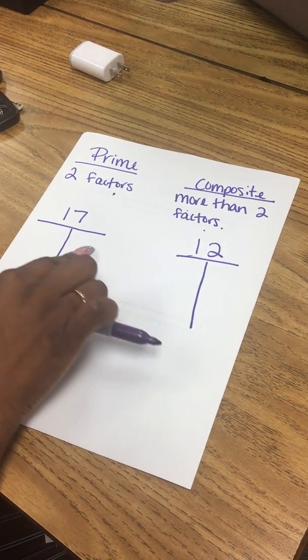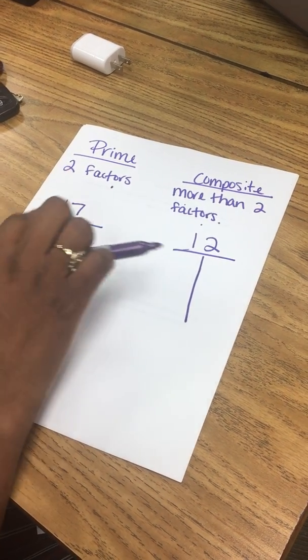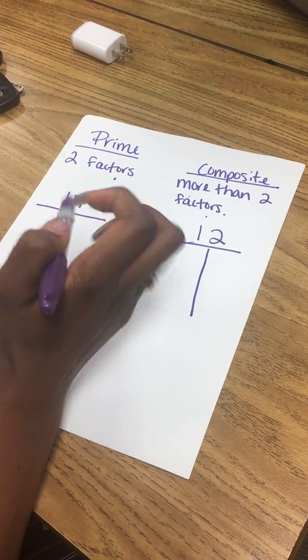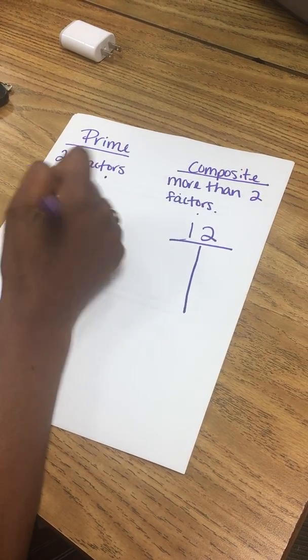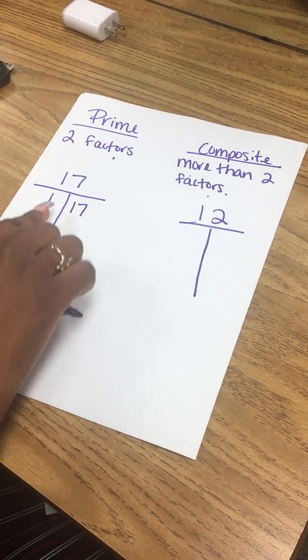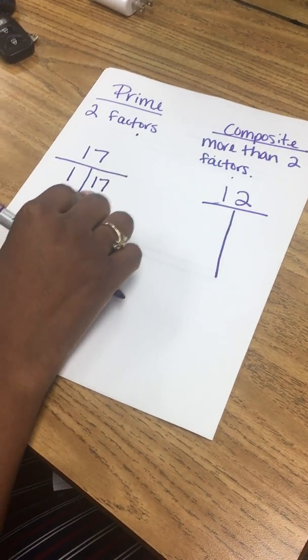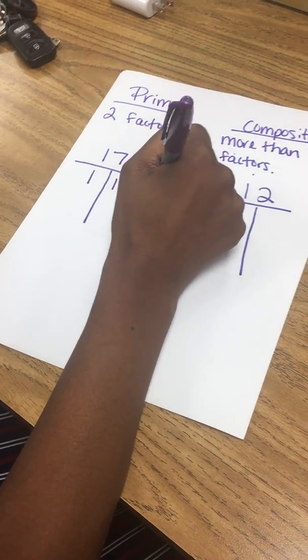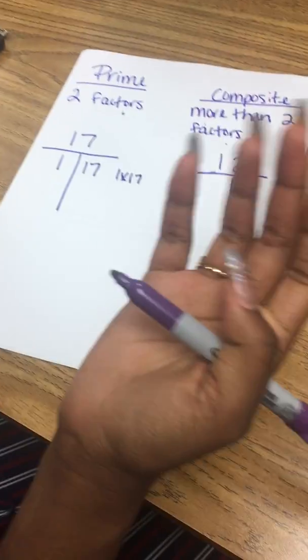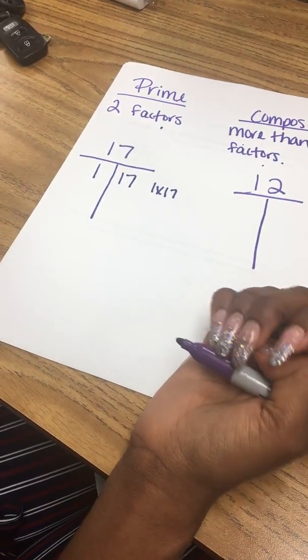So for the number 17, for instance, the only way I can get 17 is 1 times 17. So my two factors are 1 and 17. That's it. Two factors. There's no other way to get 17.